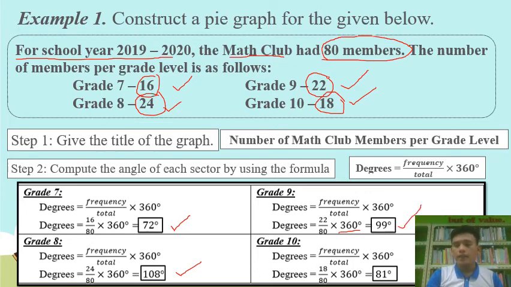For grade 10, 18 members over 80 members times 360 degrees is equal to 81 degrees. Please take note of the degrees. Grade 7, grade 8, grade 9, grade 10.